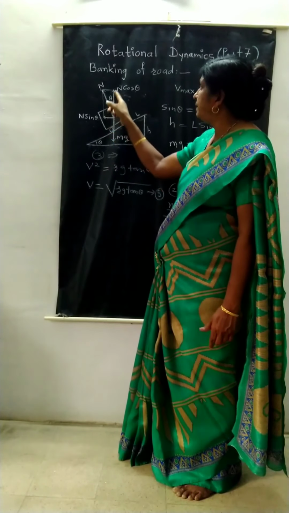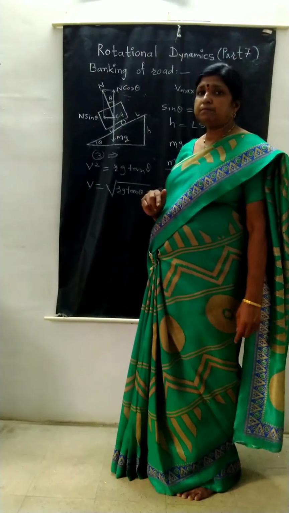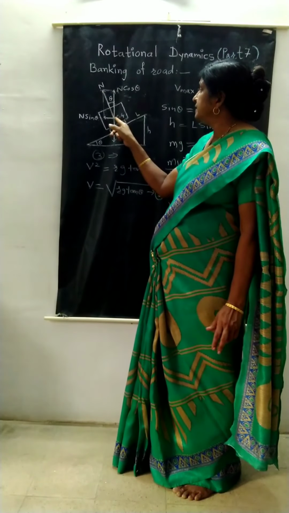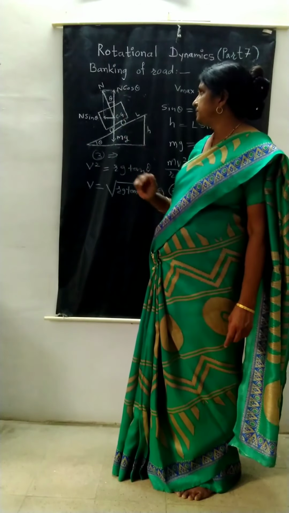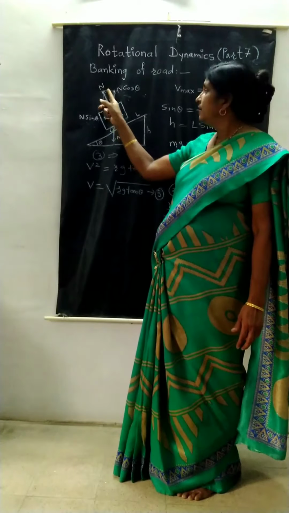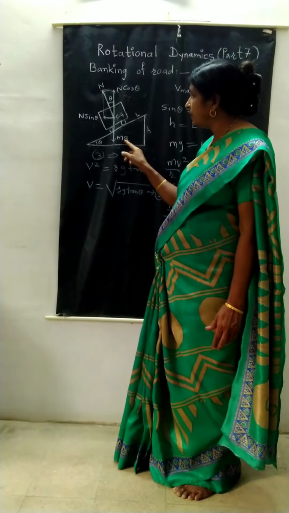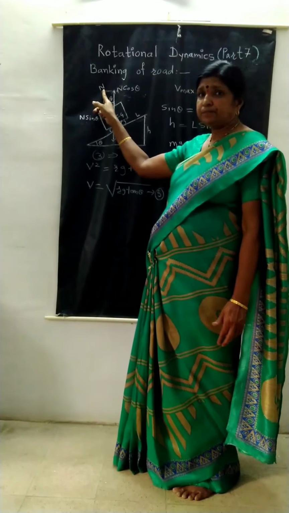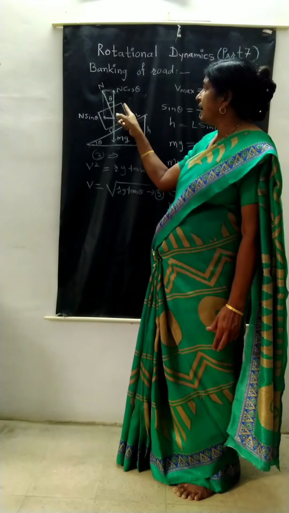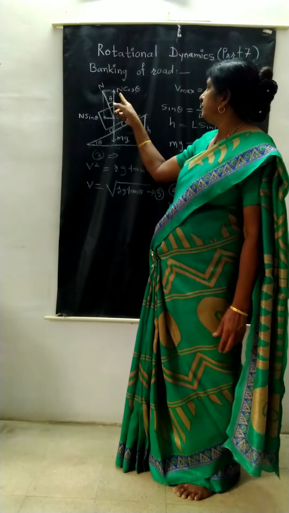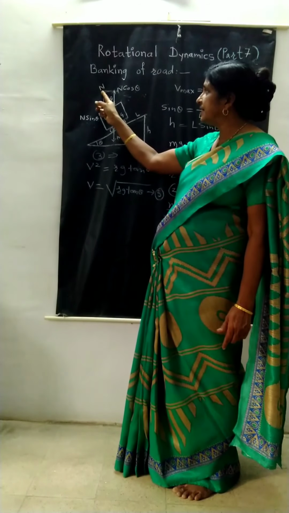Now, I am going to complete the parallelogram here. This is the diagonal of the parallelogram. Hence, these two will be perpendicular components of the normal. I am going to resolve this N in two components in order to find out the resultant of the forces mg and N. So, I have now resolved this N. This is the adjacent side, therefore, it will be N cos theta, and this is the opposite side, it will be N sin theta.